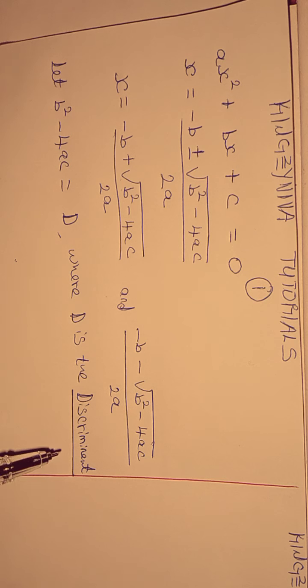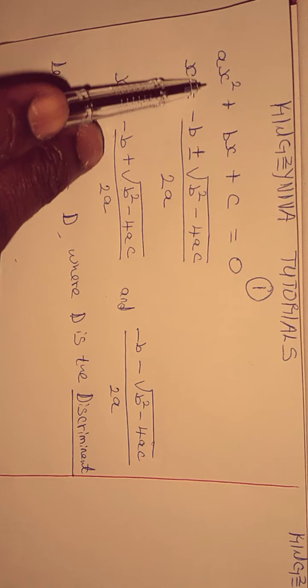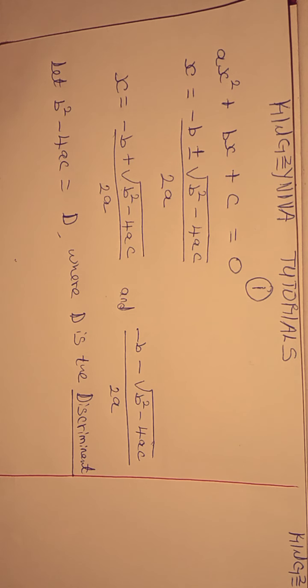This is very important in equations like this, because it helps to deduce the nature of the roots of the given equation. I will expound on this in the next video or later on, but just bear in mind that this is an important factor in this kind of equation.